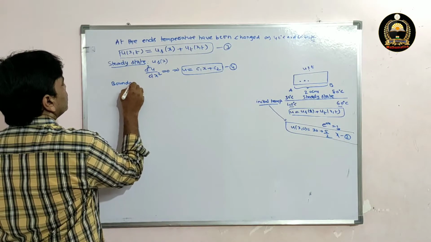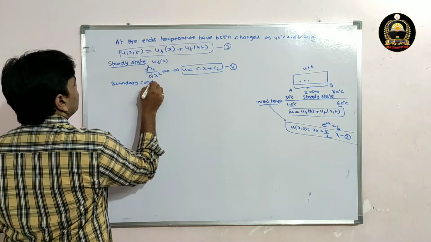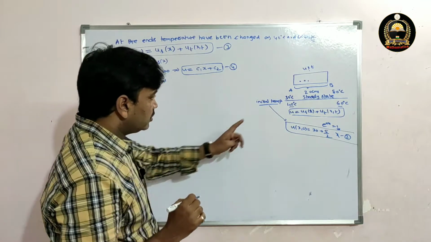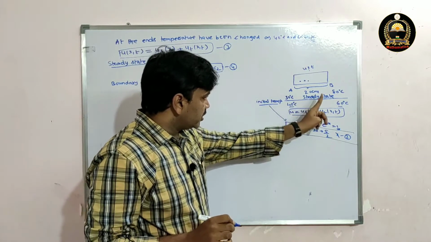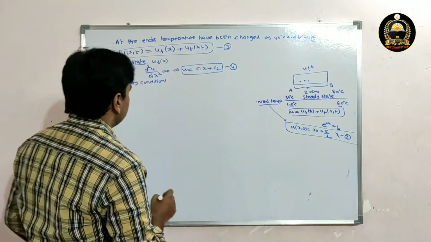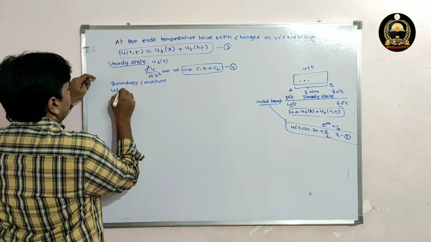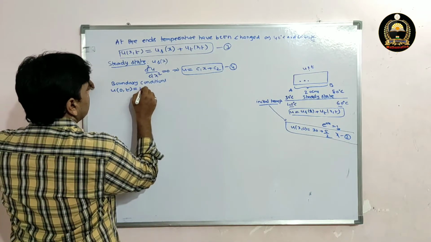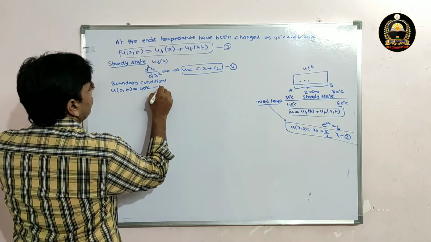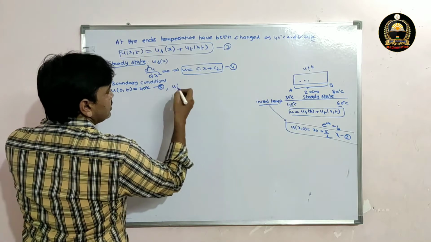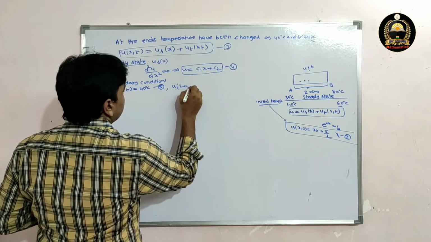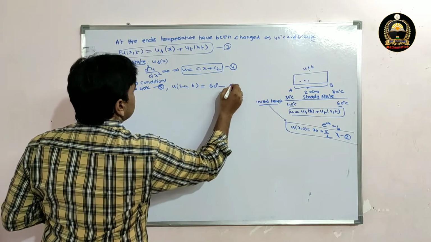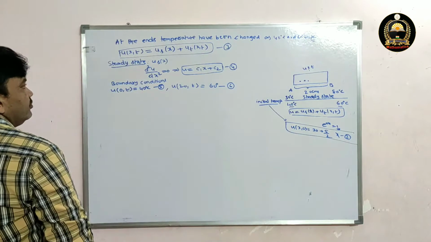What are the boundary conditions here? 40 degrees centigrade and 60 degrees centigrade. So u of 0 comma t, at any time t, is equal to 40 degrees centigrade. This is 5. And what is the length? 20. So u of 20 comma t is equal to 60 degrees centigrade. Say this is 6.